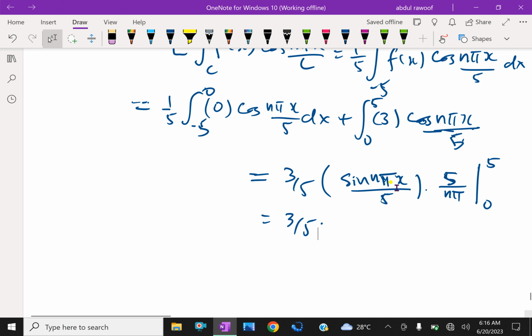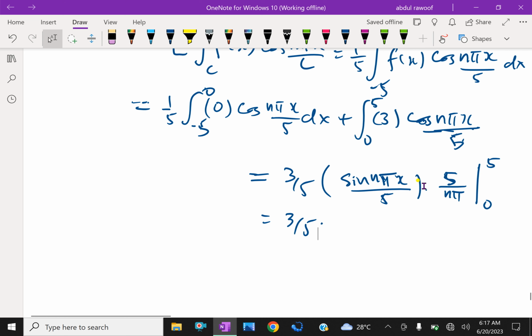Here x is 5, and the 5s cancel, so sine n pi; and at 0 it is sine 0, which is 0.